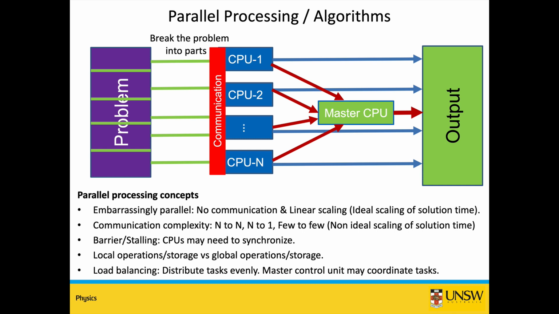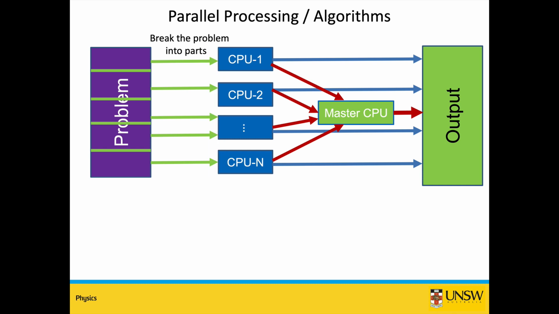That happens when there is no communication between the CPUs. But your problem may require that the CPUs, when they are processing the data, communicate with each other. They process some data, then they have to send it to another CPU. The other CPU has to process the data and send it back, and vice versa, things like that.